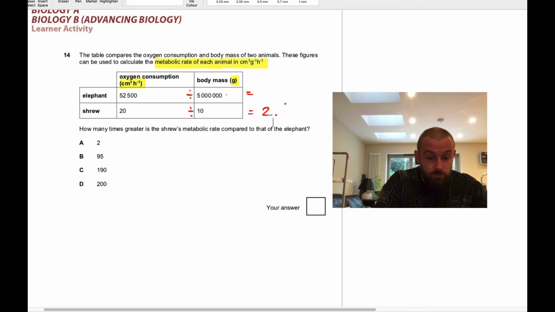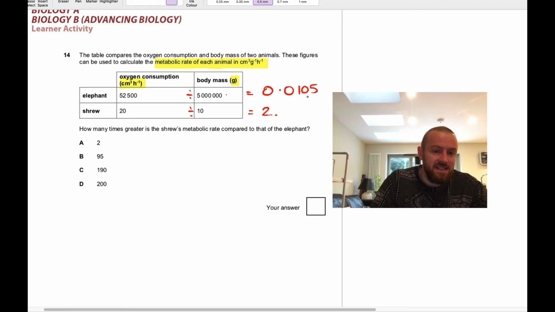But what about the other one? 52,500 divided by 5 million equals 0.0105.